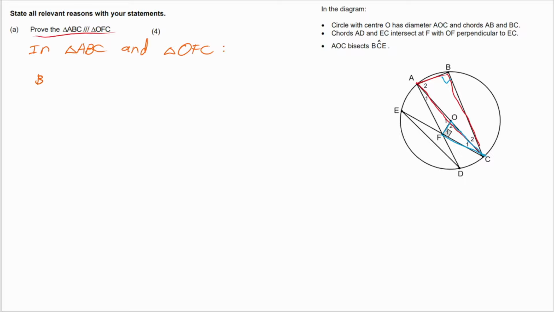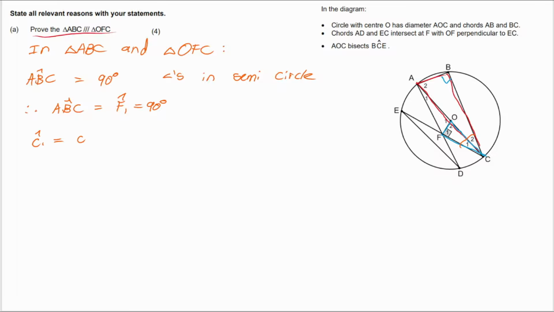We have that angle ABC is equal to 90 degrees, and the reason is angles in semicircle. Therefore ABC is equal to F1, which is equal to 90 degrees, and F1 is equal to 90, that was given. Then also important, C1 is equal to C2, and this was given.